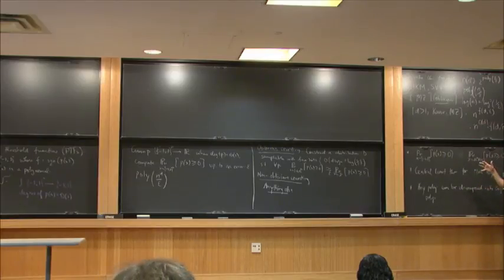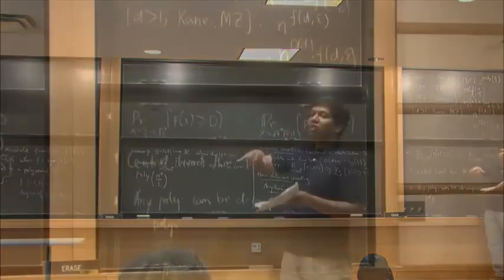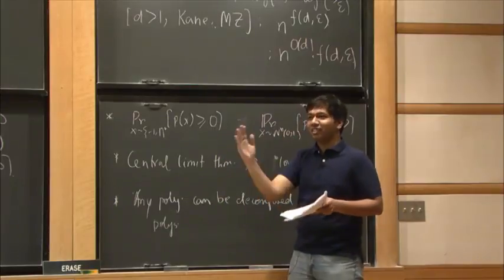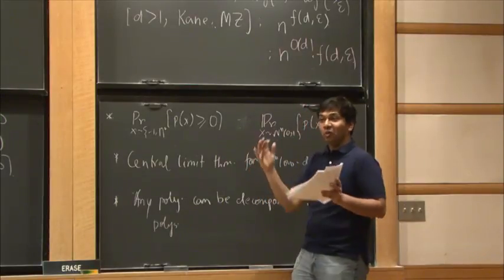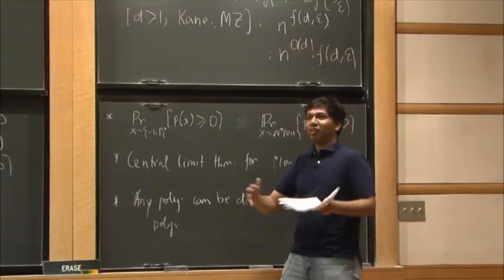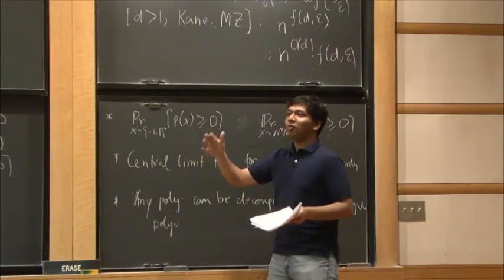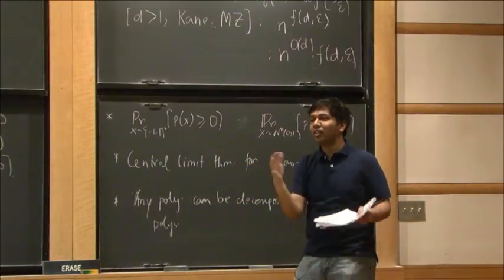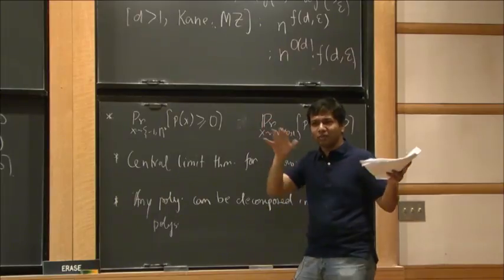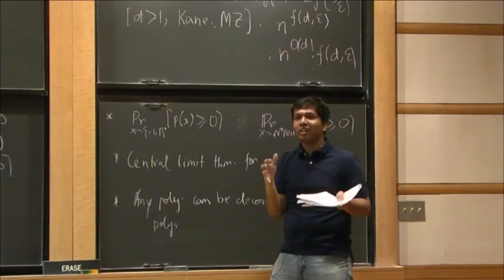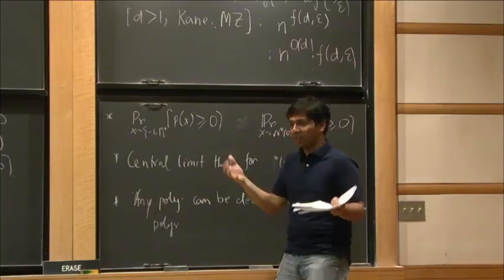And somehow if you could have said that there is not too much action happening near the interval, you would have been better off. If the polynomial were always greater than 1 or less than minus 1, that would have been a great situation. Then you're trying to understand some smooth function of the polynomial.